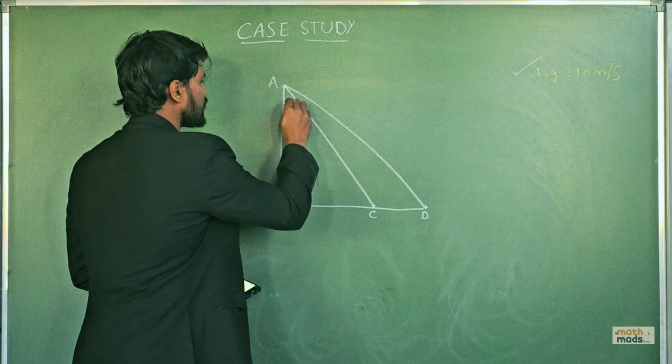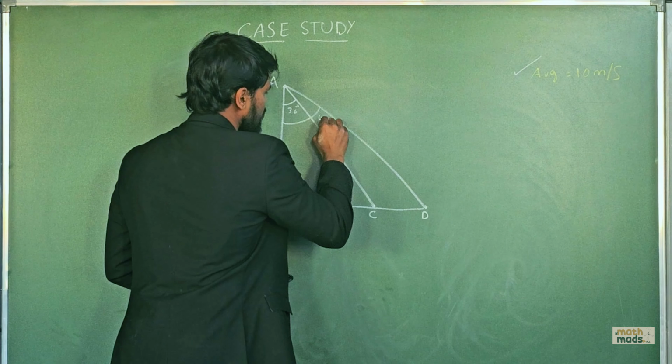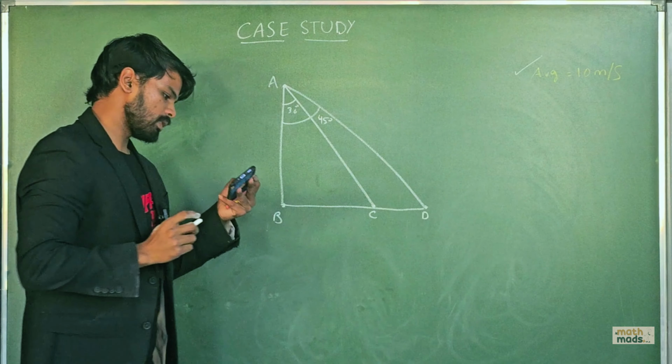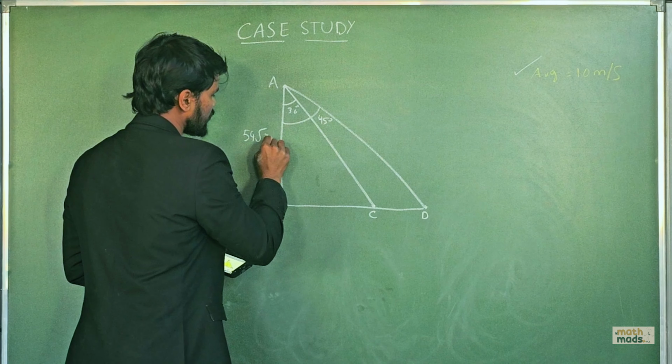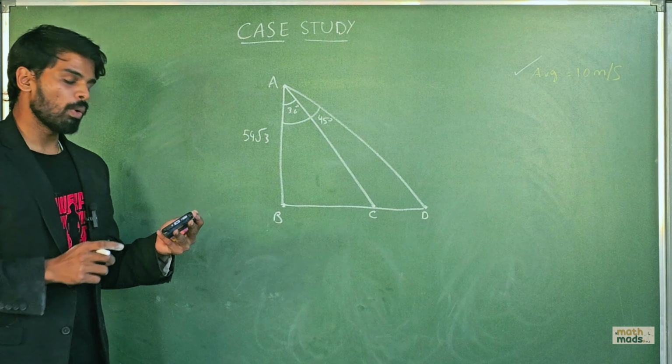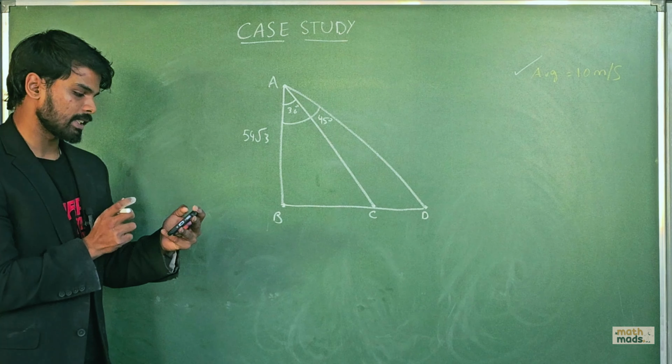Okay, moving on. What is given? 30 degrees here and 45 degrees here. Also, anything else is given? Yes. The height is given as 54 root 3 meters. Now, what do I have to find? I have to find the average speed of the tiger during that time.